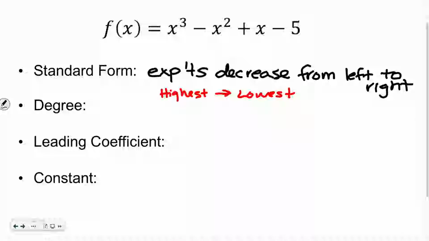All right, a degree. A degree is just called your highest exponent. So degree is really important. We're going to see this over and over and over again in chapter 4. You're going to know degree super well. So the sooner you get it, the better off. It's just the highest exponent.